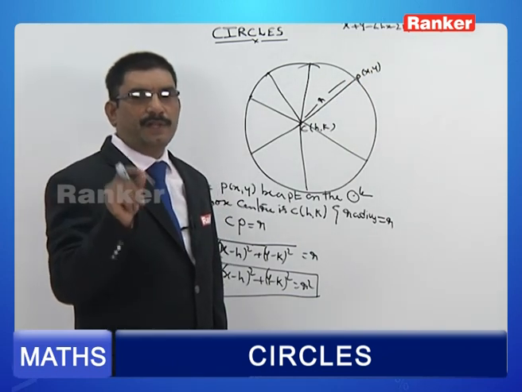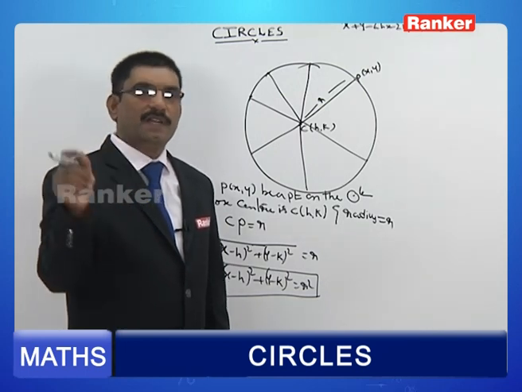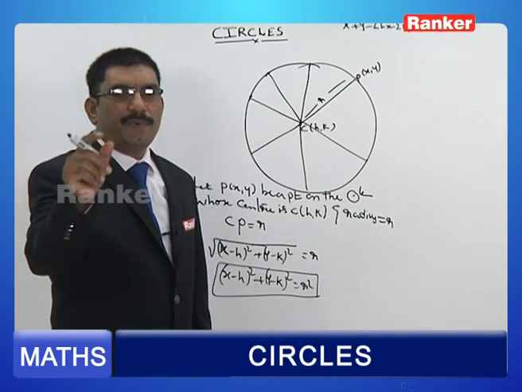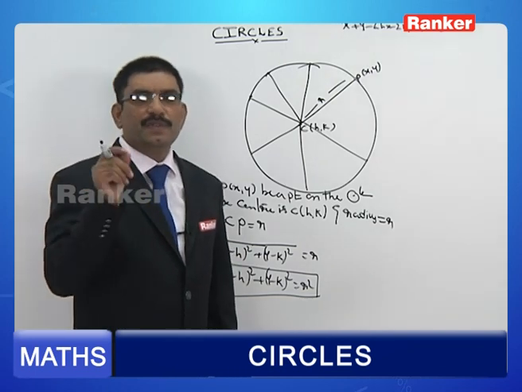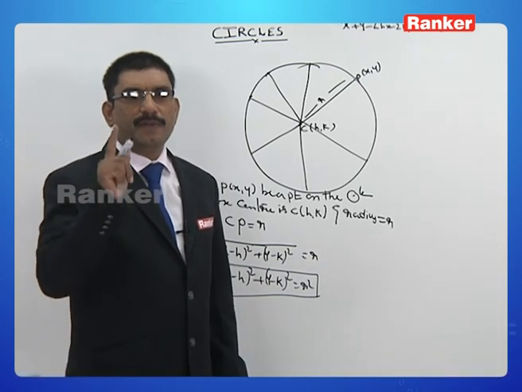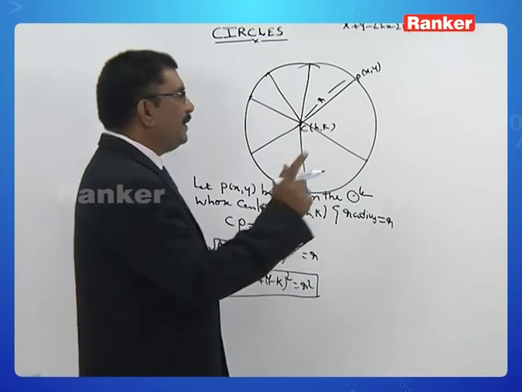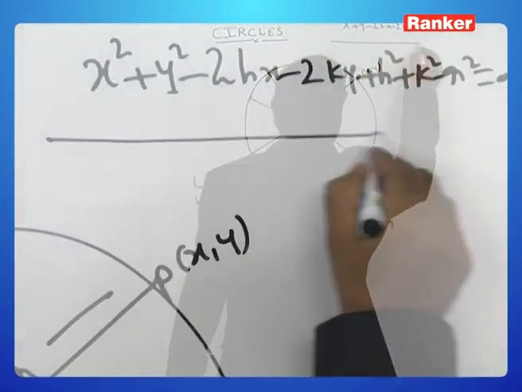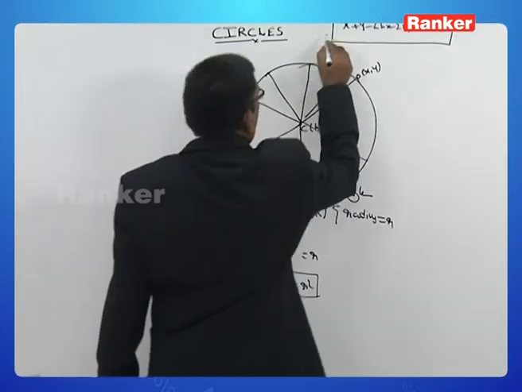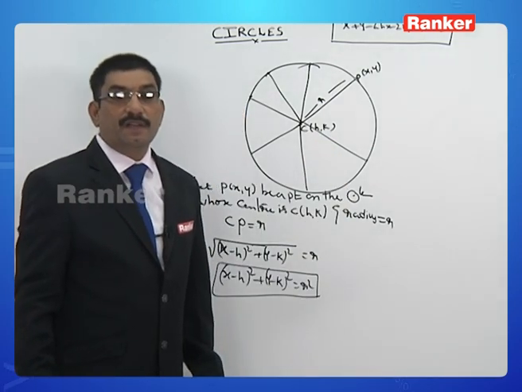The first and foremost condition for any second degree equation to represent a circle is that the coefficient of x square must be equal to the coefficient of y square. So this also represents the equation of a circle having center h comma k and radius r.